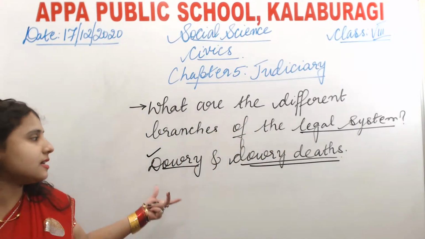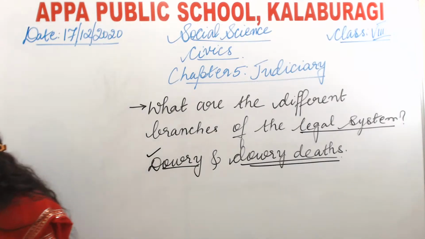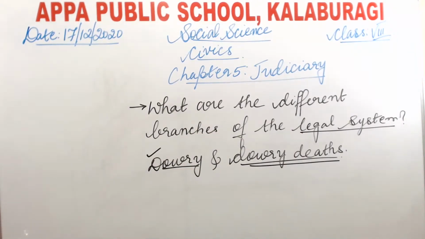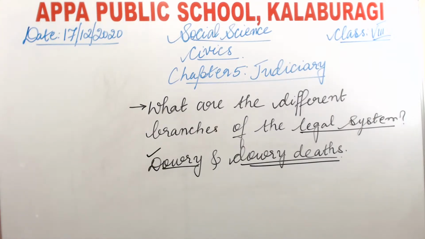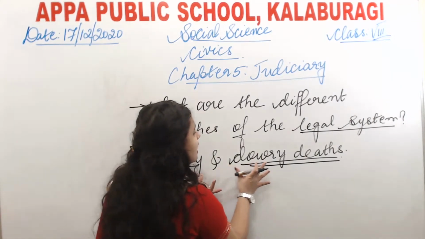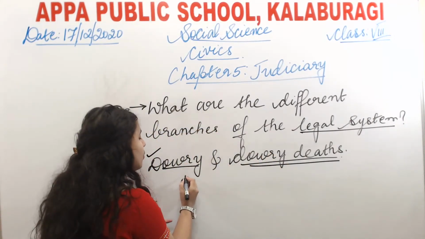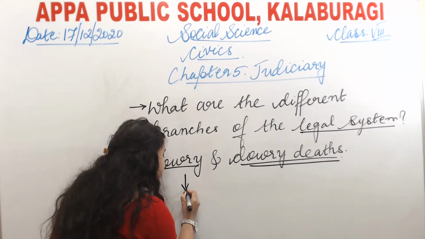Yesterday we already discussed these two things. Now this case of dowry and dowry debts falls within what is considered as crime against society. Now where do we put this case?